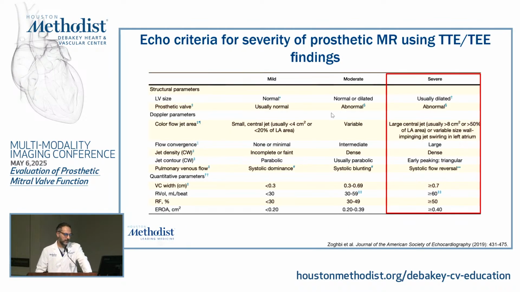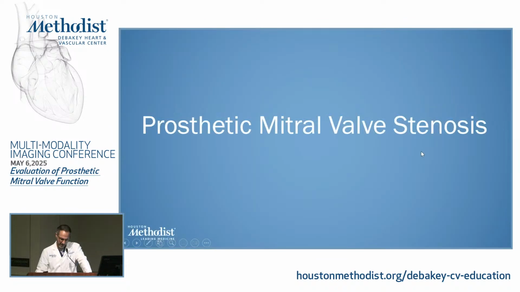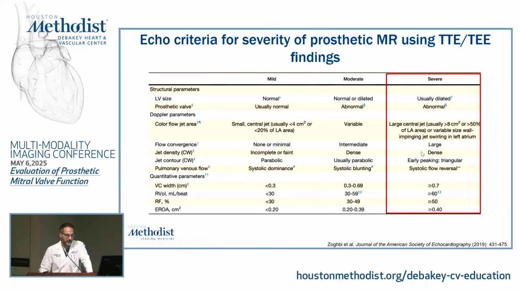Again, last on the mitral regurgitation is a summary of when you suspect significant MR. If the ventricle is dilated, as we talked about, if the valve is abnormal, meaning rocking, calcified, stuck leaflets, large jets, if they occupy more than 50% of the left atrium, this is very specific for significant mitral regurgitation. A large PISA, a dense triangular jet is very important if you see it.